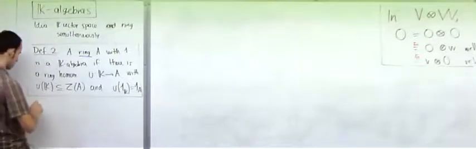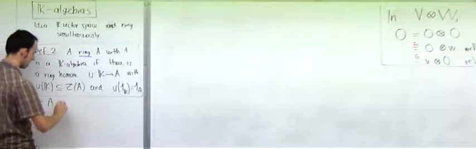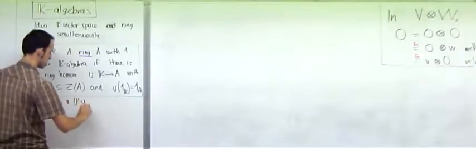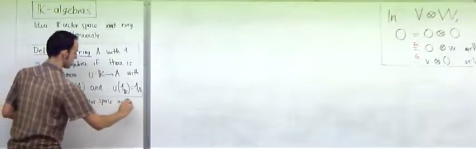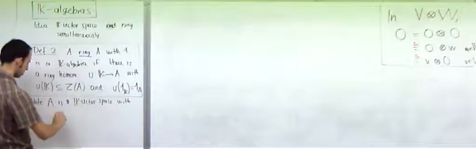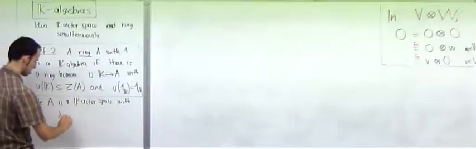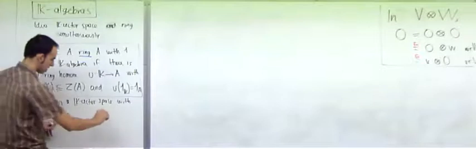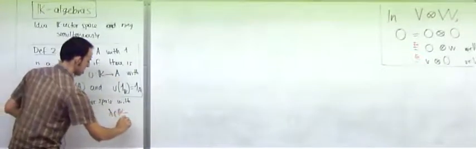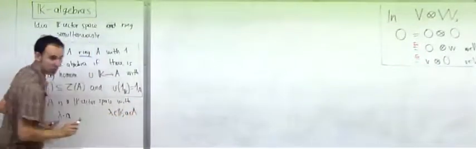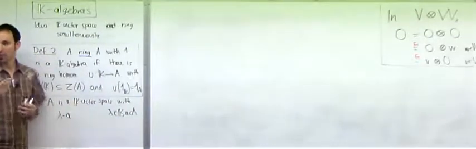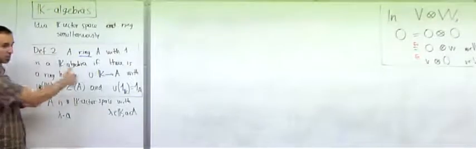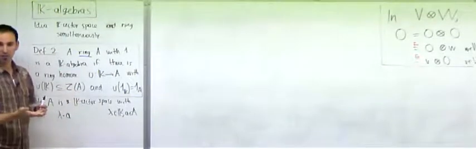Okay, so recall A becomes a vector space over K where scalar multiplication is defined as follows. Lambda is a scalar, and A is an element of this supposed vector space. Well, what do you need to have a vector space? You need to know how to add elements, and we do know how to add them because A is a ring, it has addition, and we need multiplication by scalars.